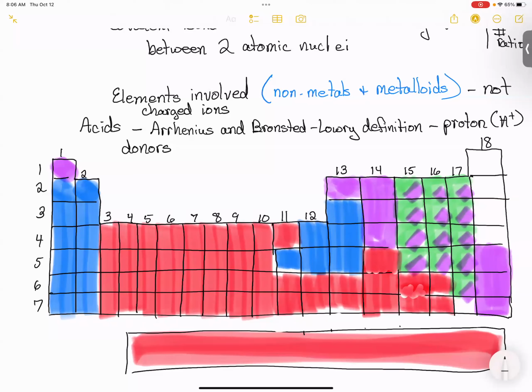If you have compounds that consist of nothing but the purple elements, it means they're covalent molecules and they don't have charges as a covalent molecule. So these in green and purple, it's green if it's in an ionic compound because it'll have a charge. But it's purple if it's in a covalent molecule because it won't have a charge.